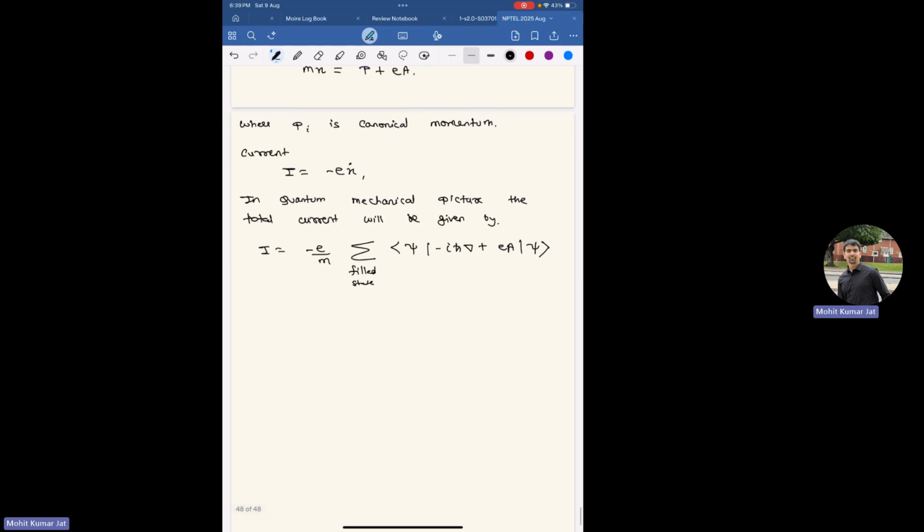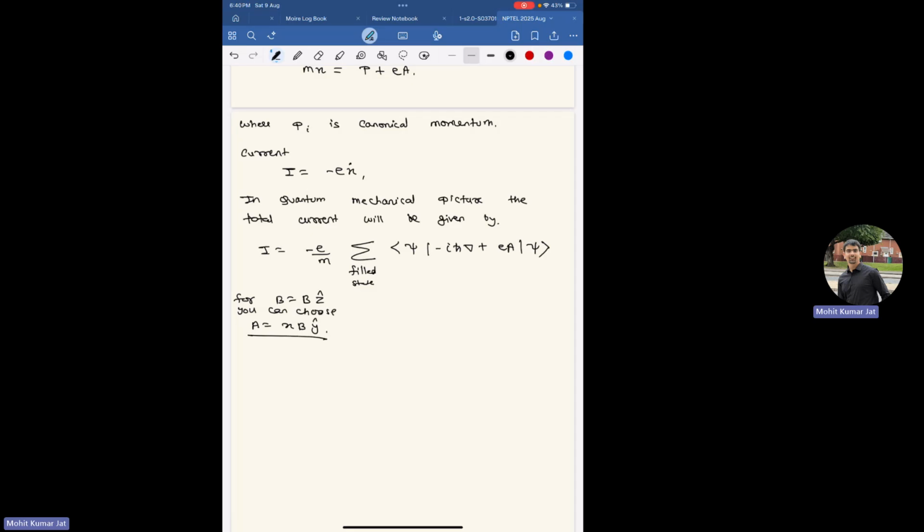Now, if your applied magnetic field is perpendicular, you are free to choose your vector potential, and it's best to do these kinds of calculations in the Landau gauge, A equals x B y cap, for B equals B z cap.